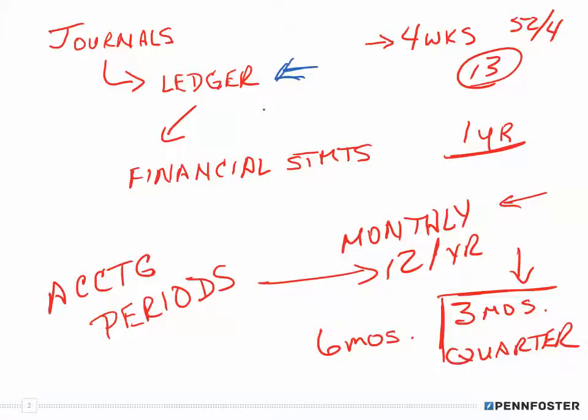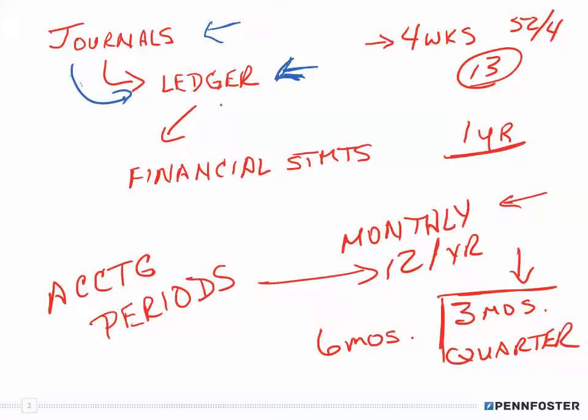But on your income statement, you have revenues and expenses, and they get closed out. They're reduced to zero at the end of an accounting period. We'll get into that in another framework a little bit later on, but those balances end up being zero. So in the beginning of the accounting period, you have balances in the ledger accounts. Then throughout the accounting period, you're going to be making journal entries and posting that information into the ledger accounts.